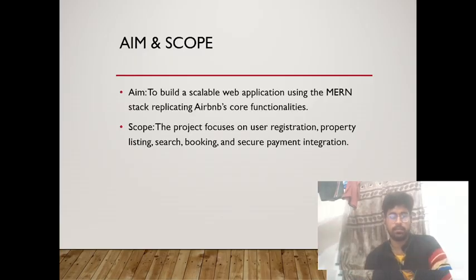It is our aim in this project, and my scope is to focus on registration, how to register on the website, how to list the properties, how to search our priority things and book apartments and hotels with a secure payment way. We integrate payment security which makes a secure gateway to make payment from user to client.